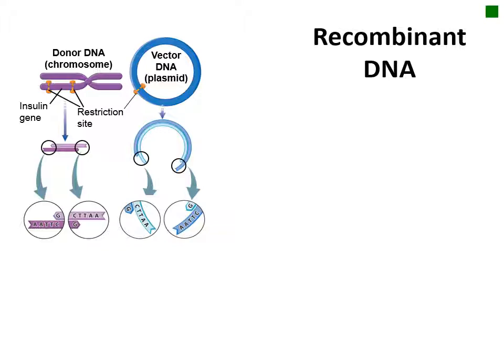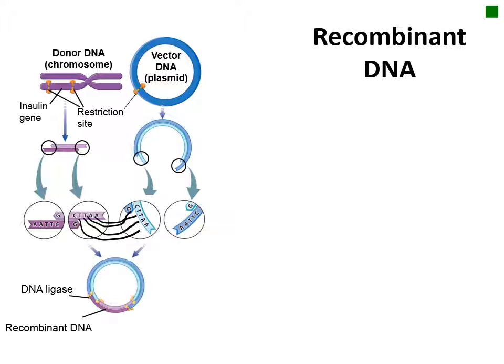These sticky ends will be able to form complementary base pairs with one another, as A's pair with T and T's pair with A. The two pieces are then joined together to make a piece of recombinant DNA using the enzyme DNA ligase. This is the same enzyme that joins the Okazaki fragments together during DNA replication.